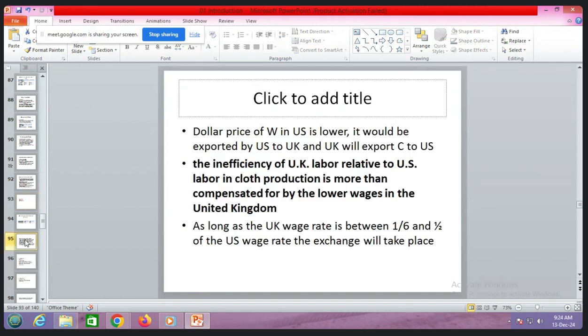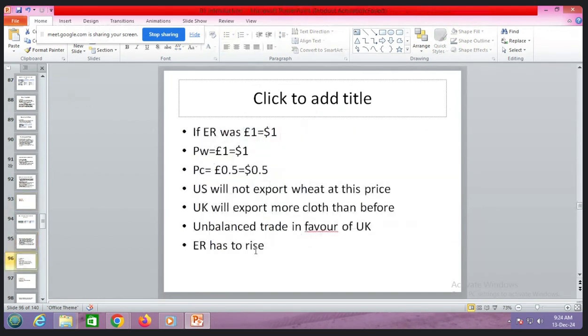So as long as the wages is hovering between 1/6 and 1/2, then only the trade will take place. If it is more than that or less than that, then the trade is not going to take place. Or else if there is a change in the exchange rate itself.